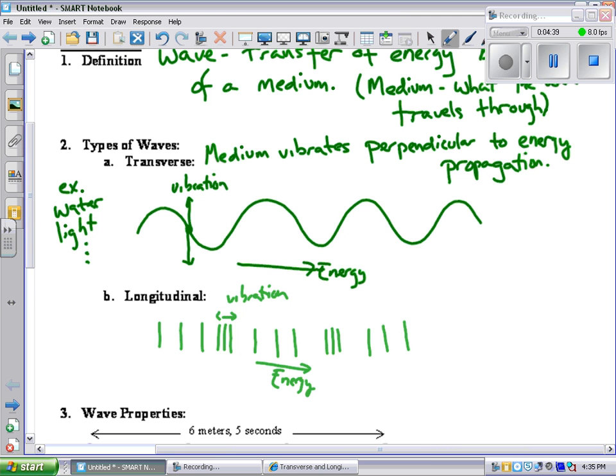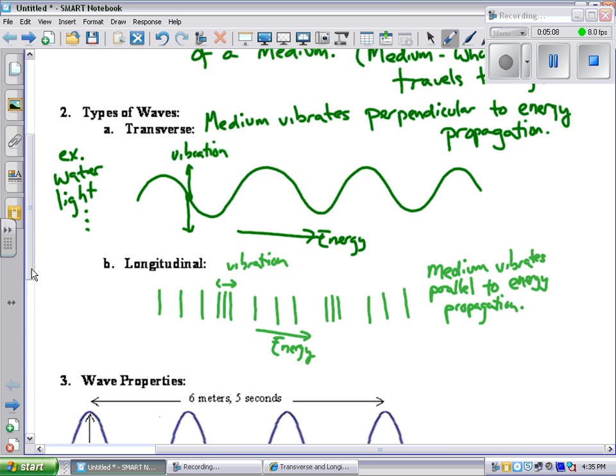So we want to say for the definition for these that the medium vibrates parallel to the energy propagation for our longitudinal waves.